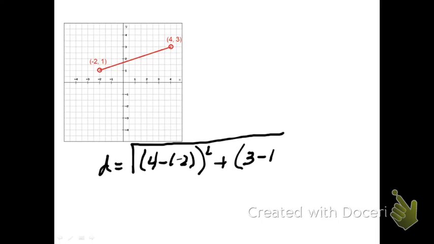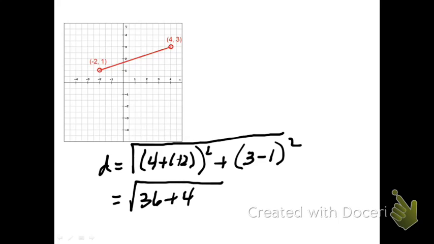So that's 3 take away 1 quantity squared. So under my radical, this double negative is going to make that plus 2. So that's 6. 6 squared is 36. 3 take away 1 is 2. 2 squared is 4. So I end up with 36 plus 4, which is the square root of 40.